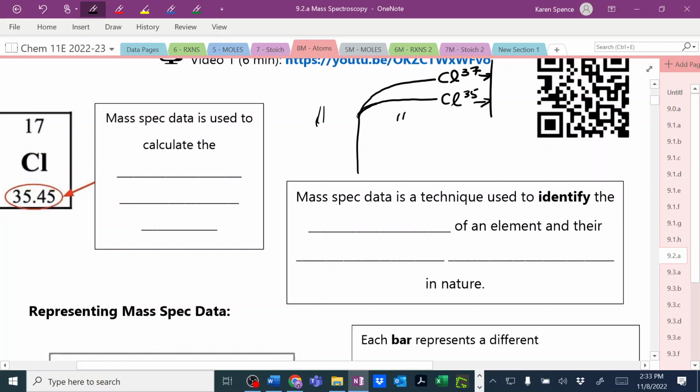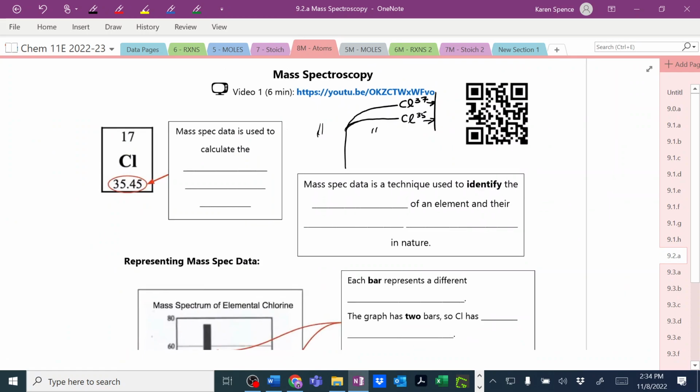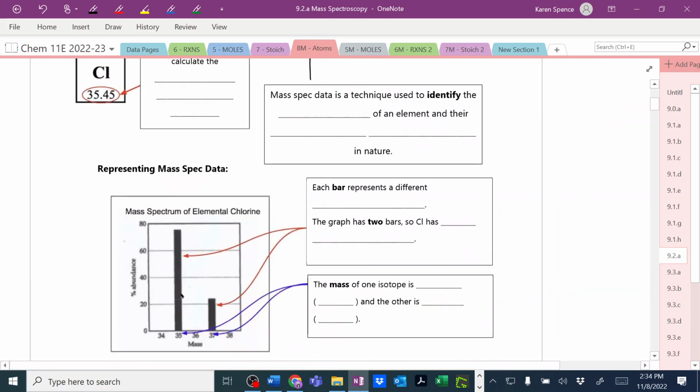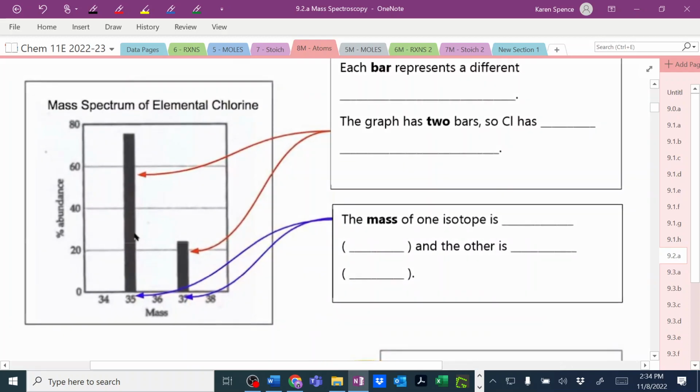Then the machine will produce a spectrum that looks like that. So you'll be like, oh, I have more chlorine 35 than chlorine 37. How do I know how much I have? I can read it off of the graph. How much 35 do I have? Well, 70 is here.